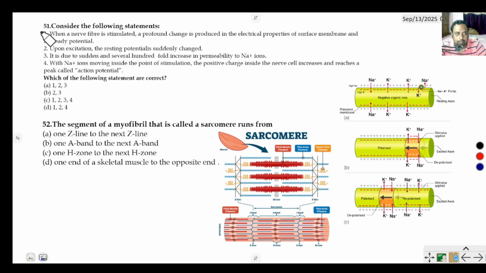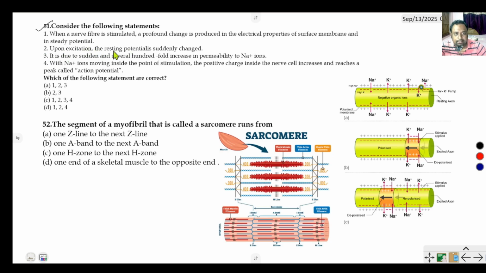Question number 51 says, consider the following statements. 1. When a nerve fiber is stimulated, a profound change is produced in the electrical properties in steady potential. 2.